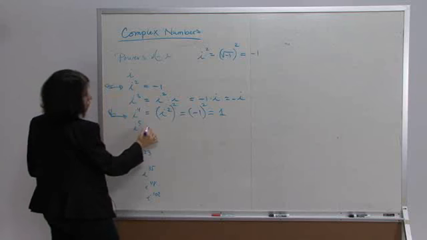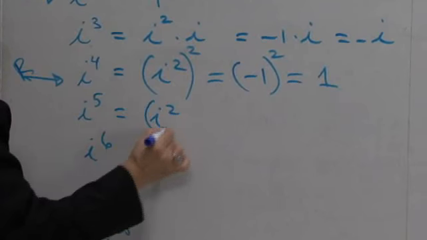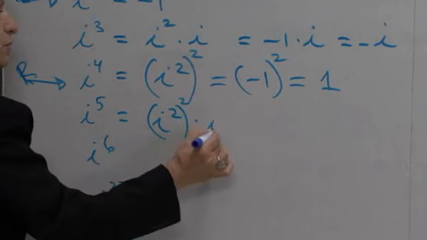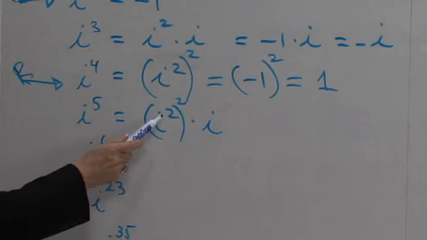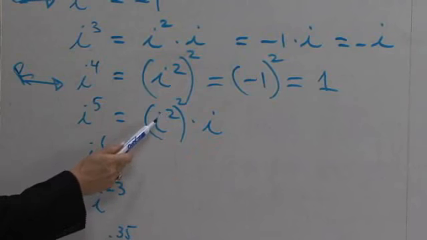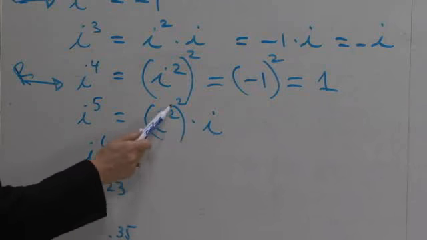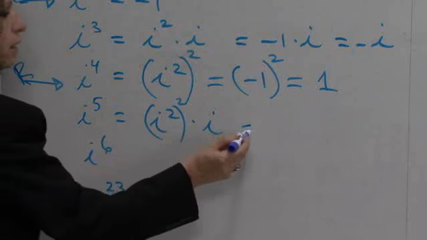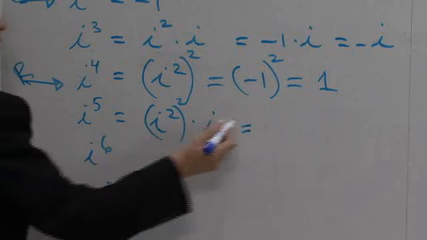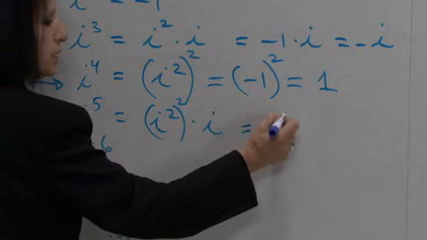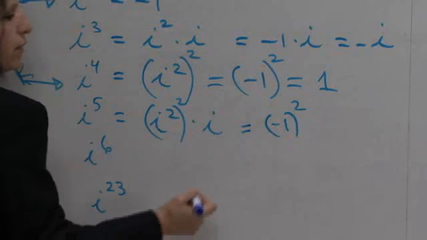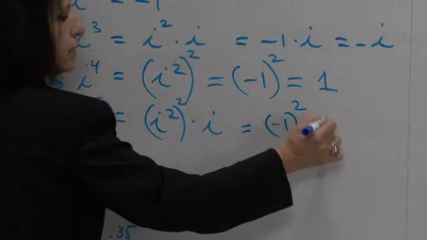Okay. i to the 5. Well, i to the 5, I can say it's i squared to the power 2 times i. Because, see, when you raise a power to a power, you multiply, and then you have one i left. So that gives you i to the 4 times i. But think that i squared is a -1. When you square it, you're going to get a 1, right?